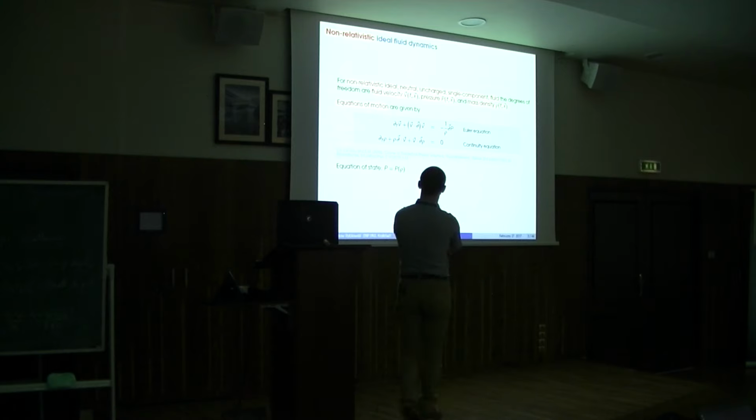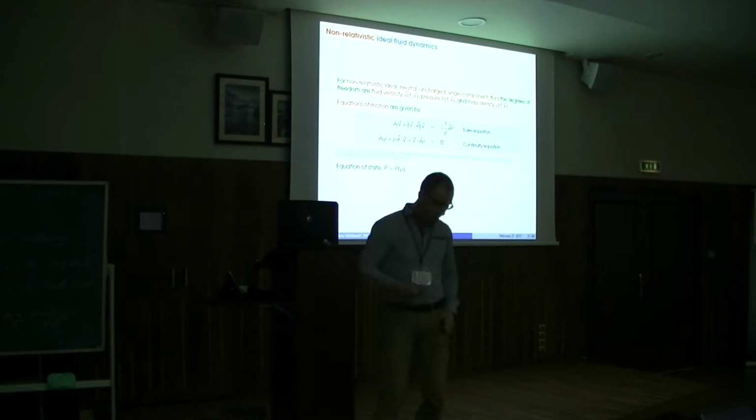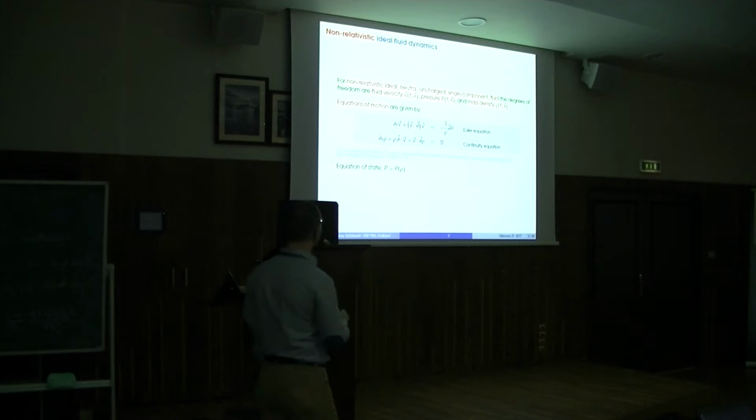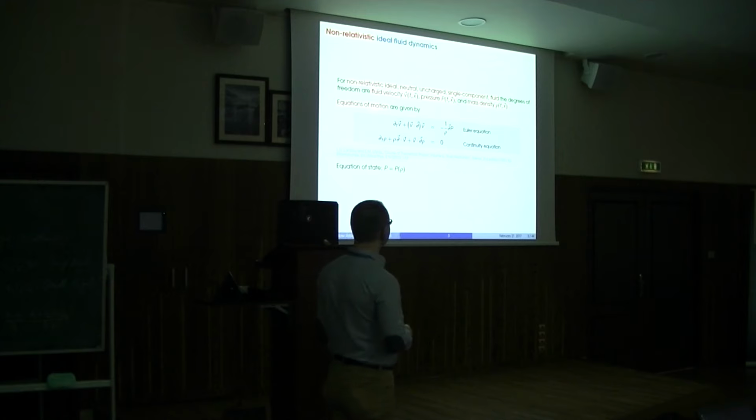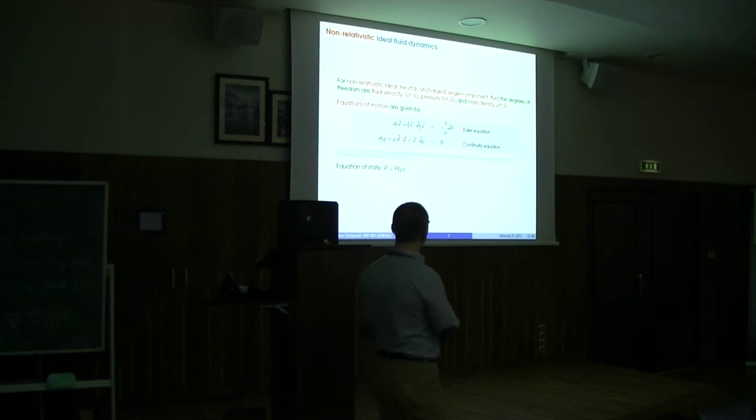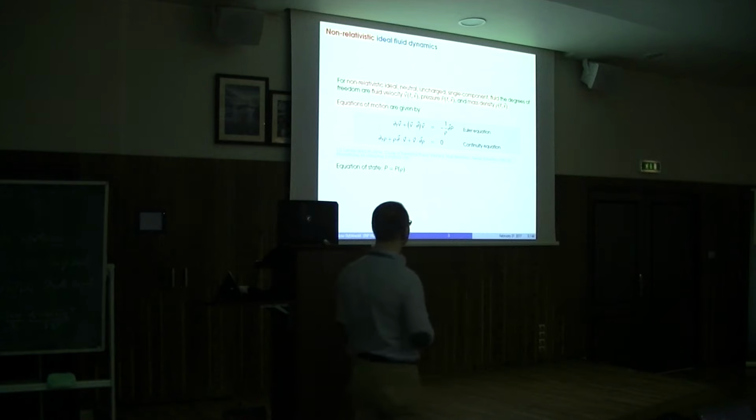In this case, the fluid velocity, mass density, and the pressure completely define our system. Then, using the equations of motion, which we, I guess, are all familiar with, that is the Euler equation and the continuity equation, we just evolve the fluid. In order to close this system and solve it numerically, some input is needed, which is the equation of state, the one which relates the pressure and the mass density.